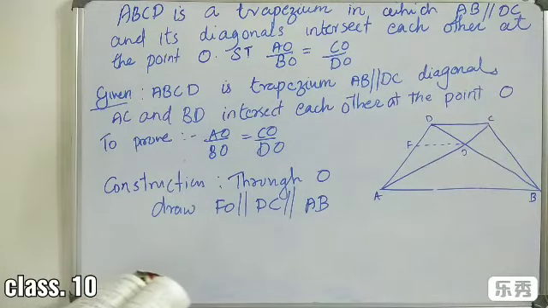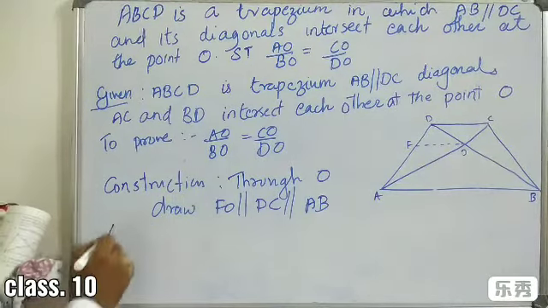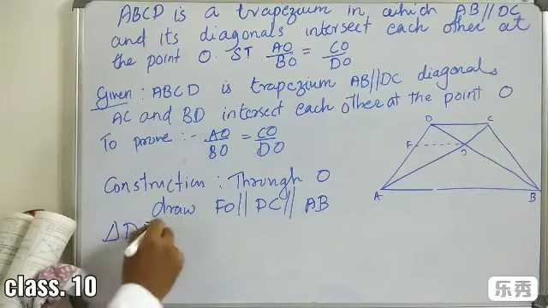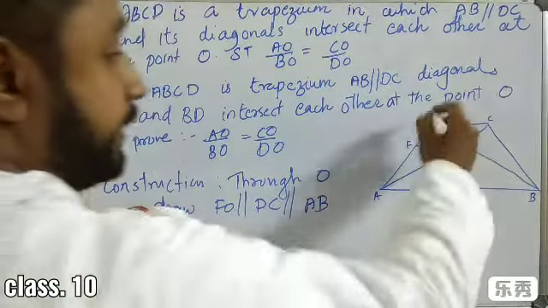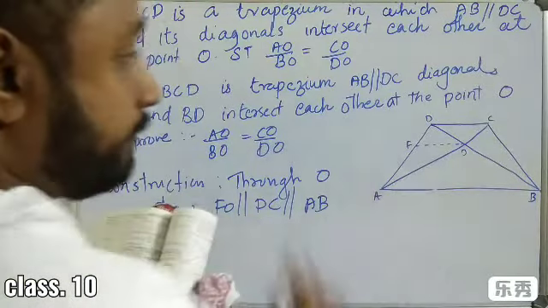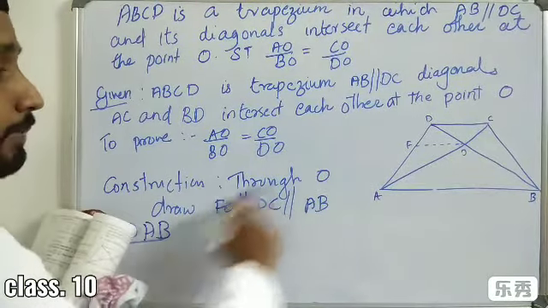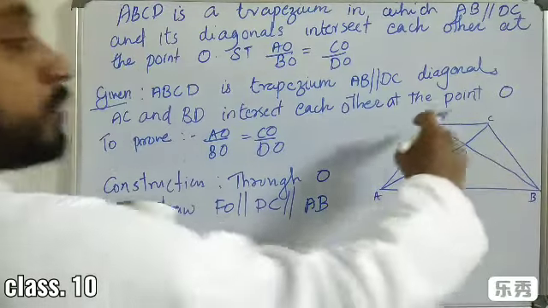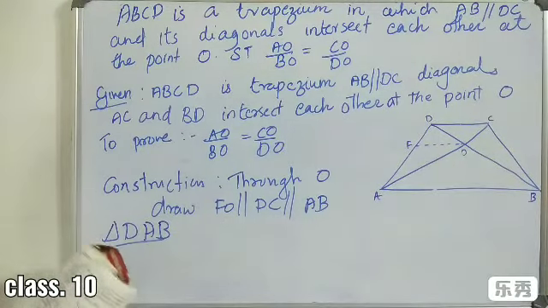First we consider triangle DAB. In triangle DAB, FO is parallel to AB. So using the basic proportionality theorem, we can apply that condition.